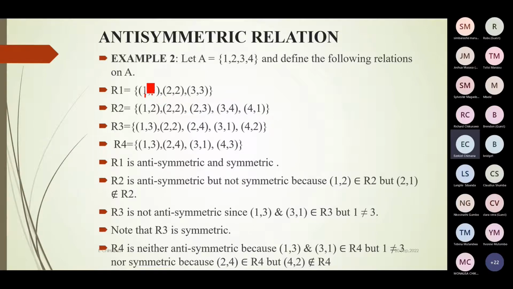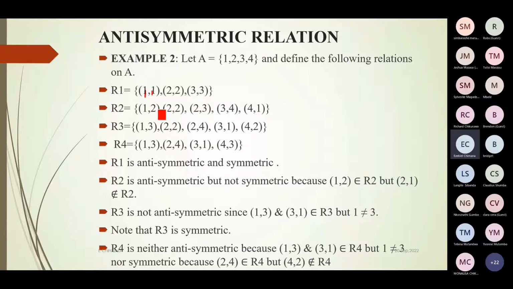Because whenever we have (x,y) as an element of R1, we also have (y,x) as an element of R1. That's why we say this one is antisymmetric. Whenever you have a (2,3) here, you must not see a (3,2) for it to be antisymmetric.